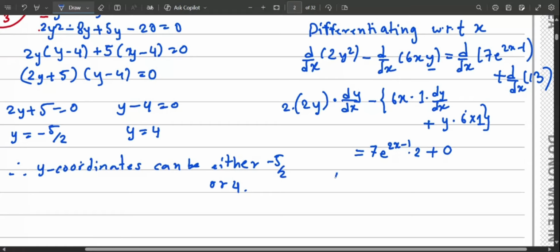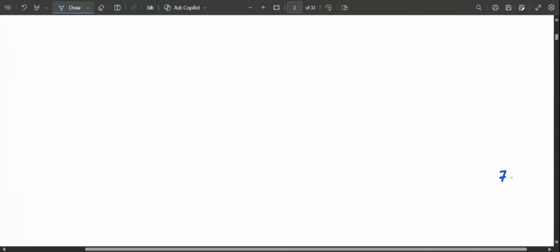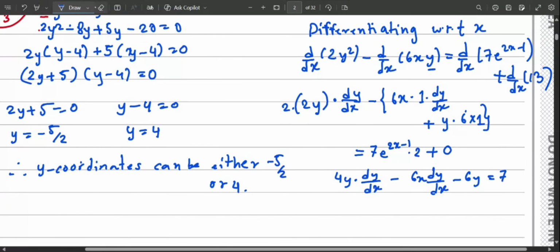Simplifying further, we get 4y dy/dx minus 6x dy/dx minus 6y is equal to 14, because 7 into 2 would be 14, 14 e to the power of 2x minus 1.